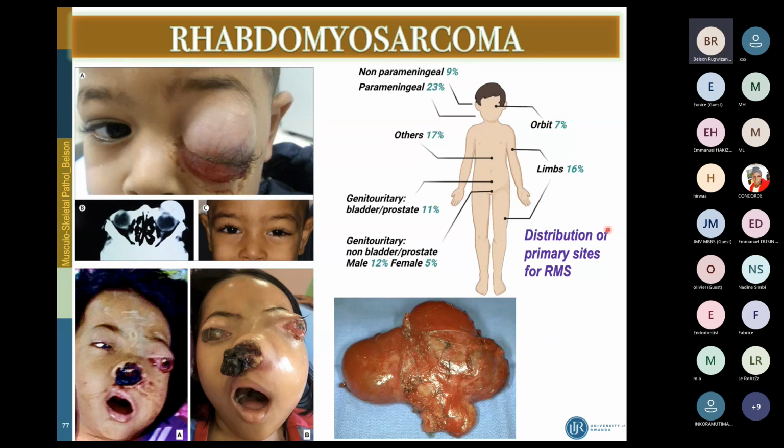And they find that the majority, some affect the parameningeal areas, and the others limbs, orbit, genitourinary, and so on. So you see, rimwe na rimwe umurwayi azaza afite ikibyimba mu zuru n'ijisho ryaraturumutse. So akenshi usanga no mu jisho nta kintu kirimo, ahubwo ni za kanare zizana amarira amanukamo zifunze bigatuma n'ijisho rigira ibibazo, cyangwa se cancer zikaba zarazamutse zaragezeyo, nabyo bibaho tukabibona.